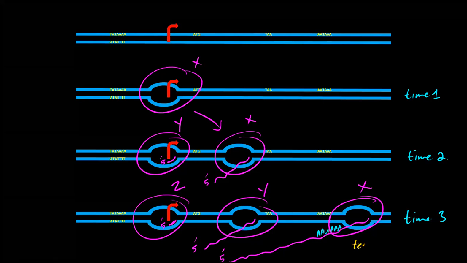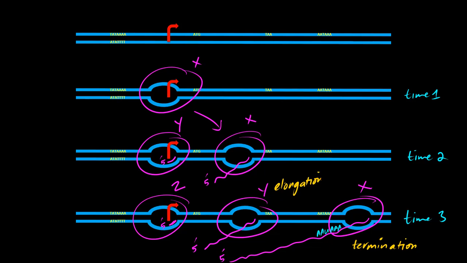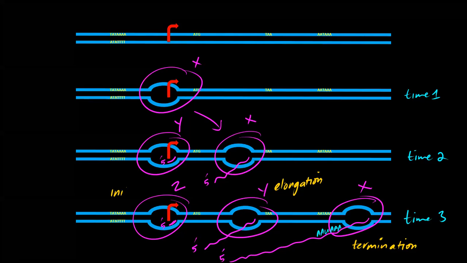Here we have polymerase X already in the termination stage, polymerase Y in the elongation stage, and Z still in the initiation stage.